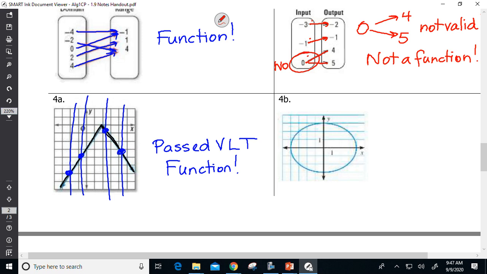So let's do one that fails. We have a graph that's a circle. So again, this is an example. This is not all of the examples that exist. This is just one example of how it fails. Draw your vertical lines.